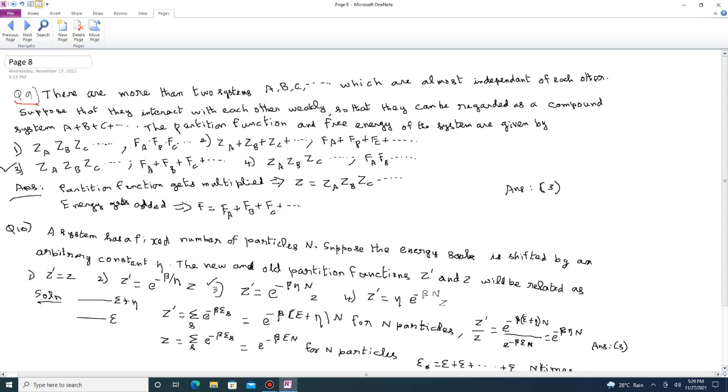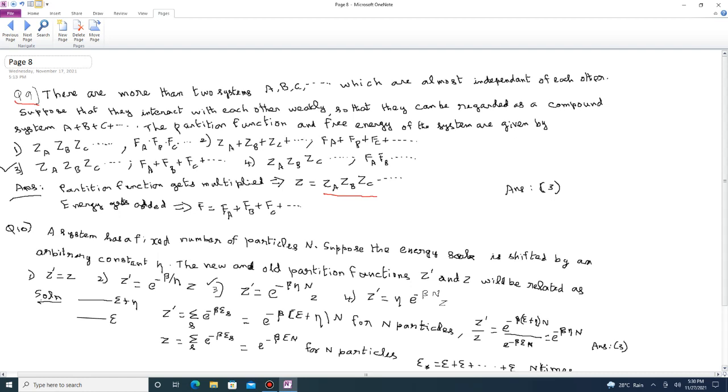The partition function gets multiplied. The overall partition function Z is given by Z_A times Z_B times Z_C and so on. So you have to multiply the partition functions to get the overall partition function, and the energies must be added.